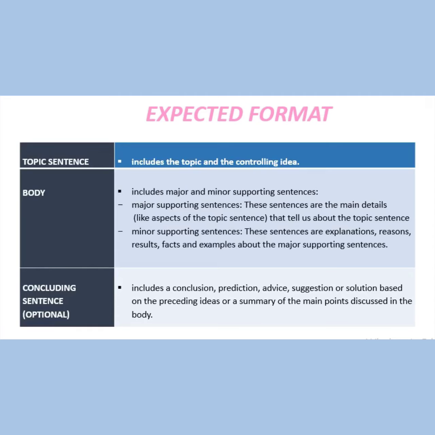On the other hand, you support your major ideas with minor supporting sentences, such as explanations, reasons, results, facts, and examples. Lastly, concluding sentence includes a conclusion, prediction, advice, suggestion, or solution based on the ideas or a summary of the main points discussed in the body part.